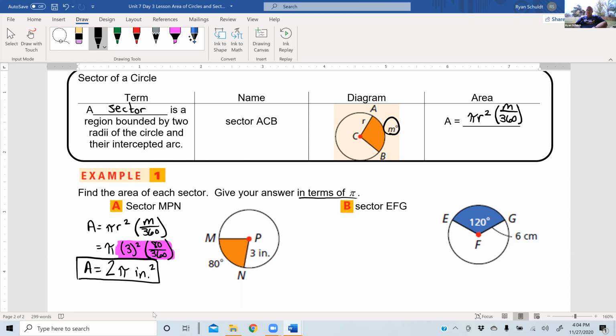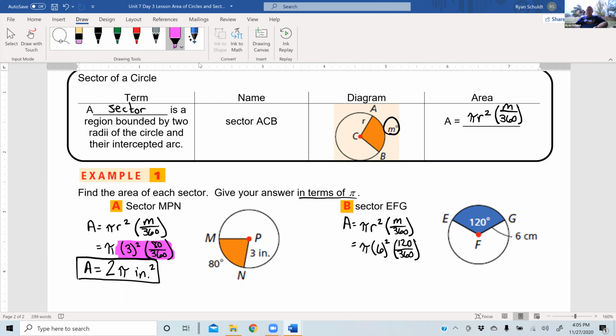Okay, next one. Find the area of sector EFG. So, formula for area of a circle is pi r squared, but then I only want m degrees out of 360. So pi, our r is 6 squared, times 120 over 360.